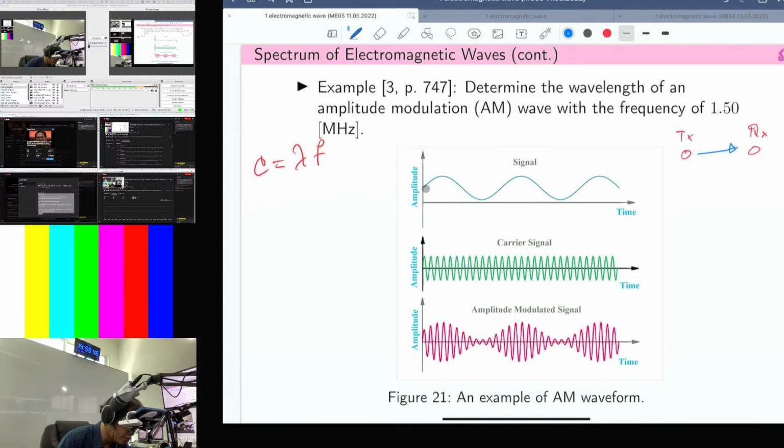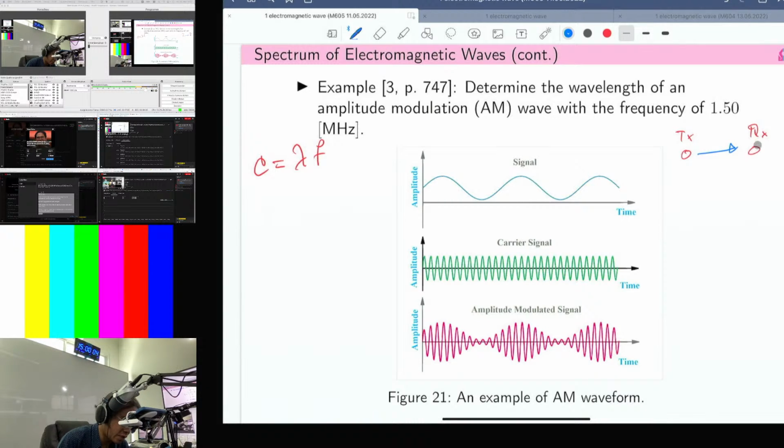Once you make the multiplication of the information with this one, you're going to get the pulse like this. Okay, the outcome like this. After the product of your signal and the carrier signal, you can transmit this one to the receiver.